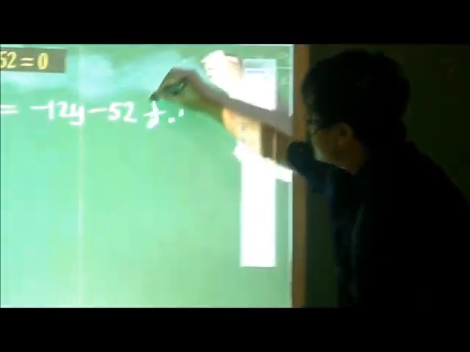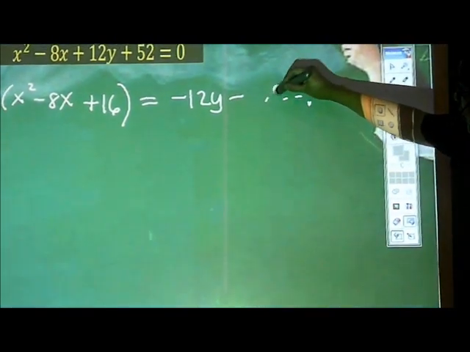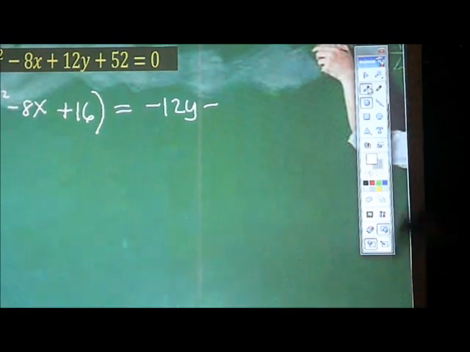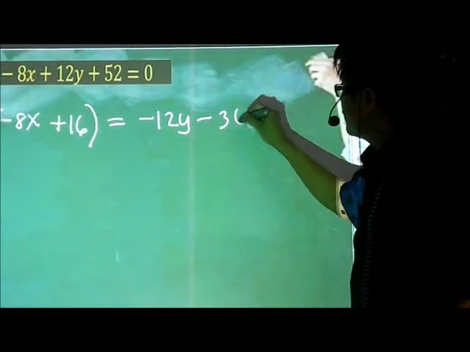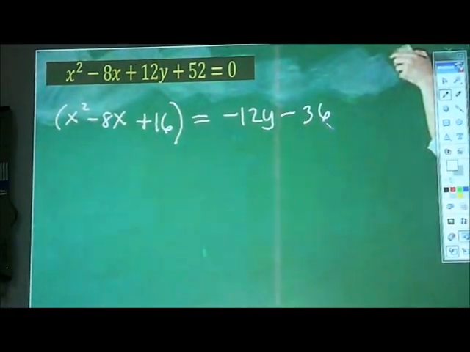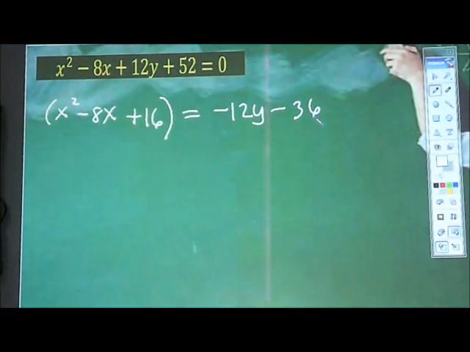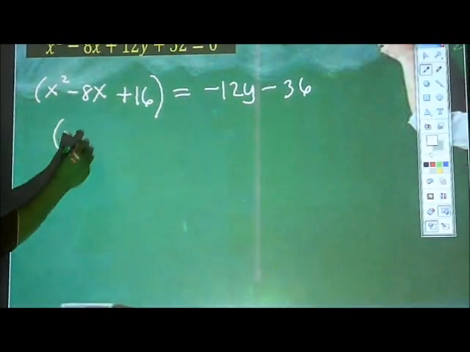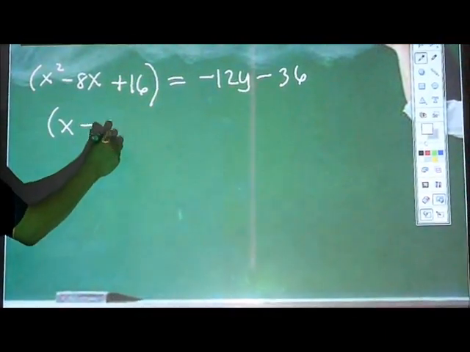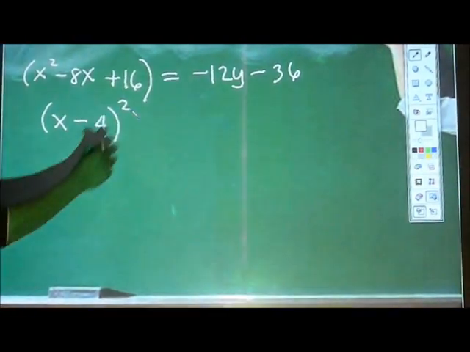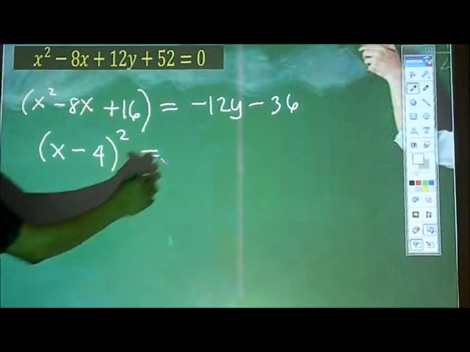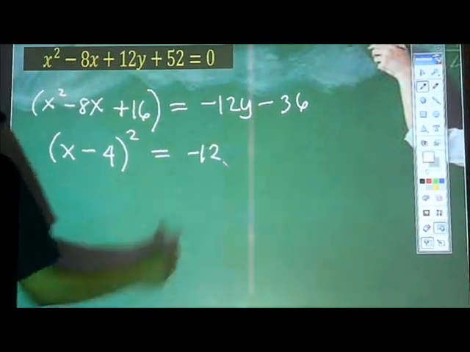Now the left side is a perfect square: (x minus 4) squared is equal to, and then factoring out the right side, negative 12.